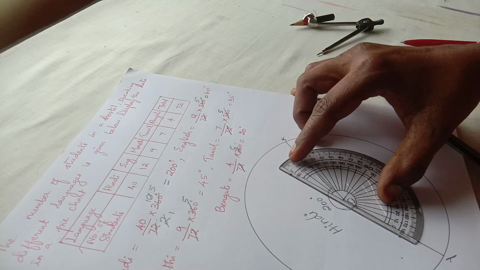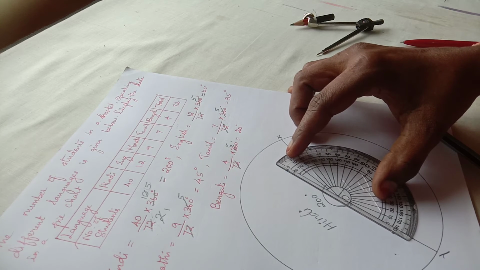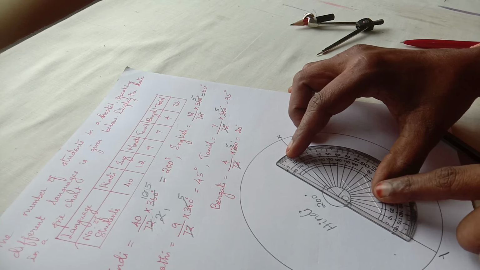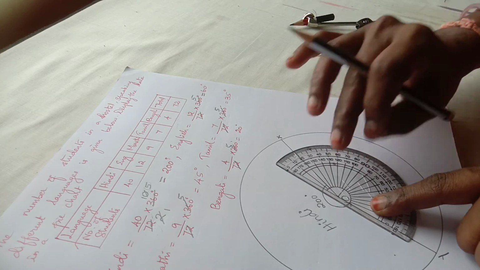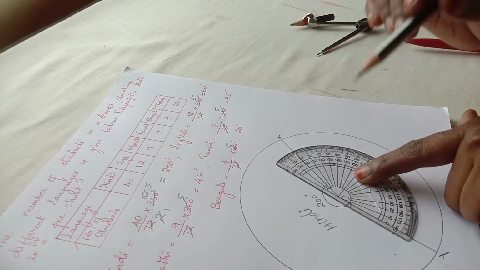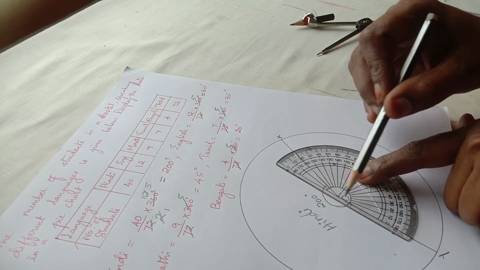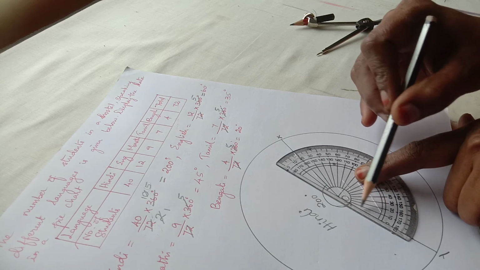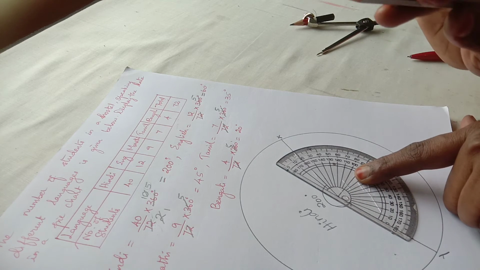So now after adjusting like this, you hold the protractor tightly. We see the center, the OY radius and the zero line of the protractor coincided now.